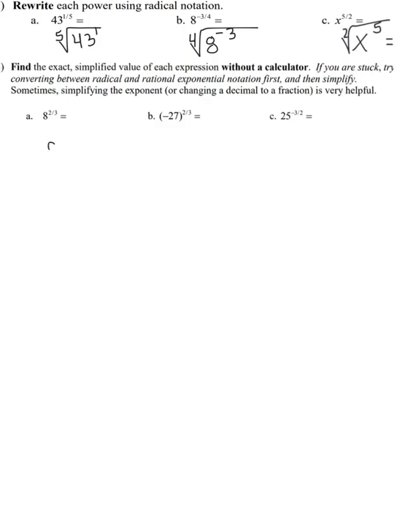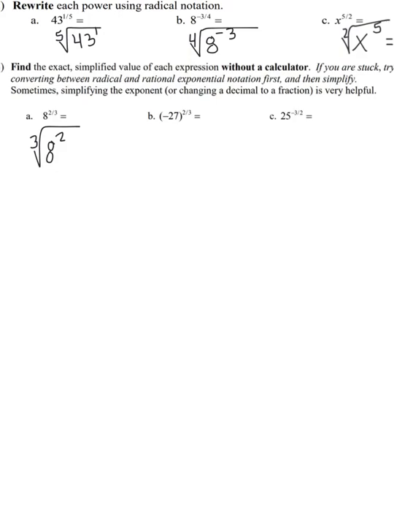So I'm going to start with a base of 8, and remember the 2, the top part of that fraction, means that I actually have 8 squared, and then I'm going to take the radical. Remember, the denominator, the 3, is my index.